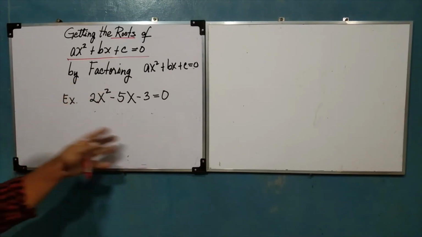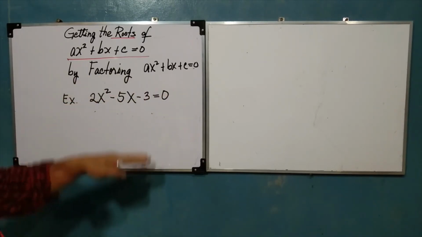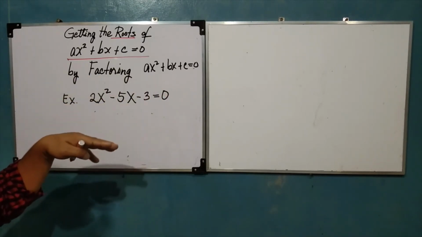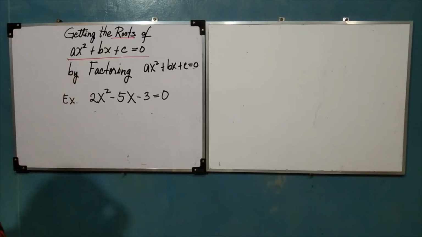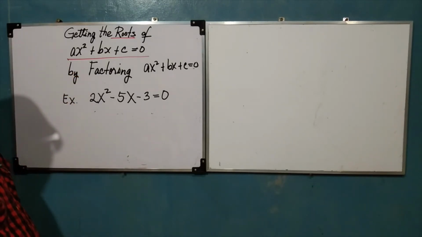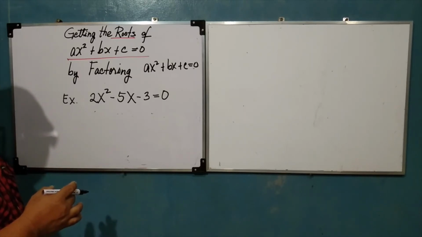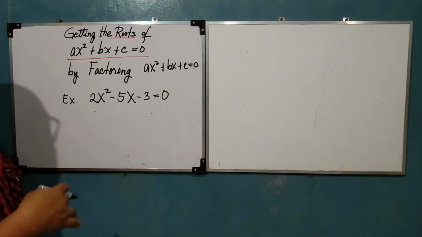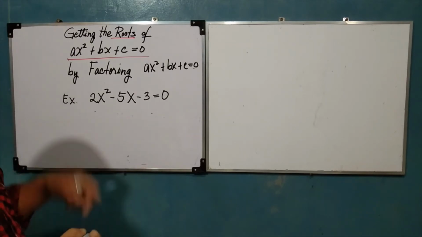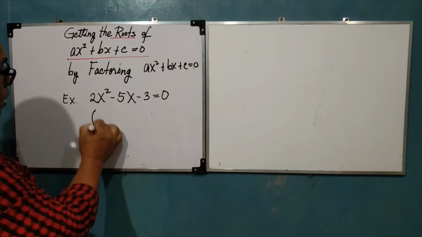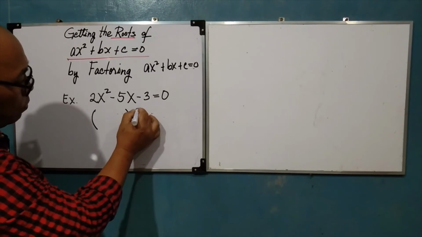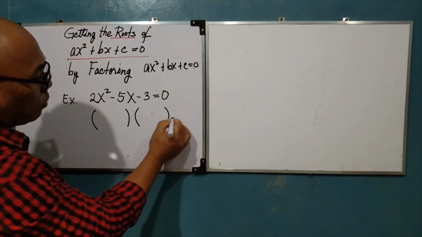Again, we are going to get the roots of this quadratic equation by factoring. And in doing this, I'm going to apply trial and error. Okay, so this is the technique. I have to make these two binomial factors.